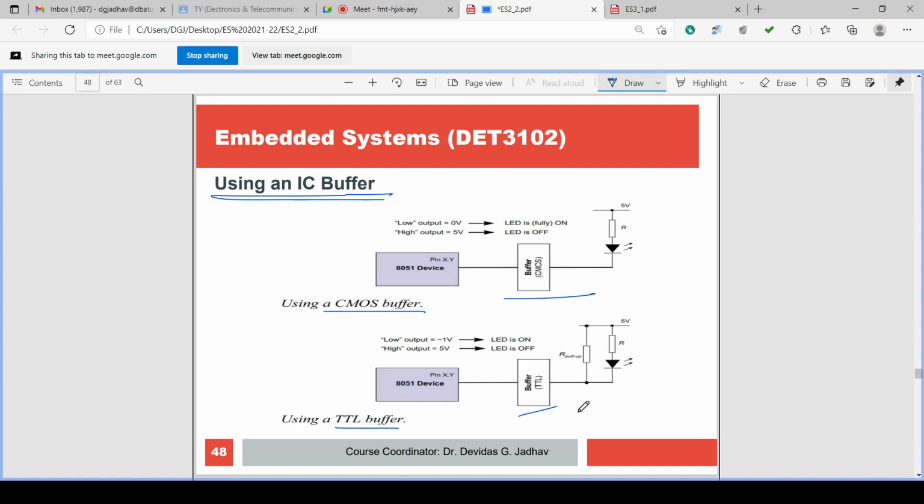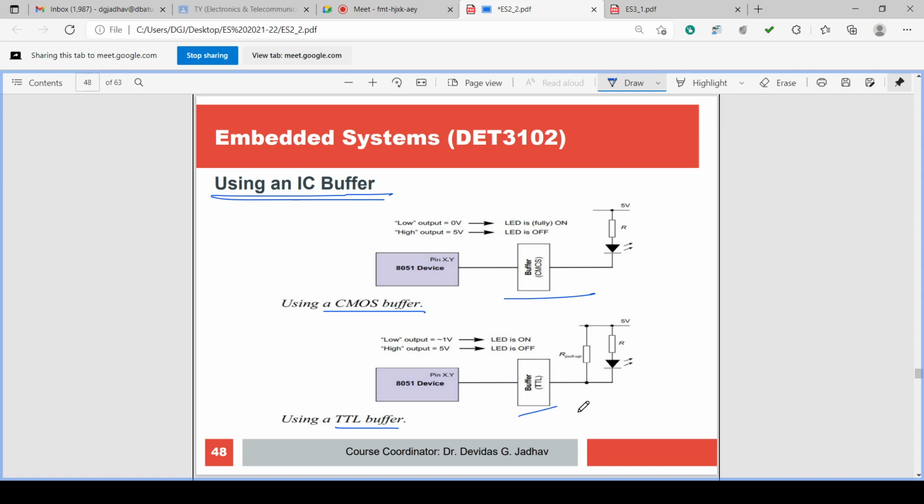As it is a buffer, it provides the sufficient required current for the external circuit. Sometimes the external circuit requires higher current than the maximum current provided by the pin. So that higher current can be provided by the buffer circuit.